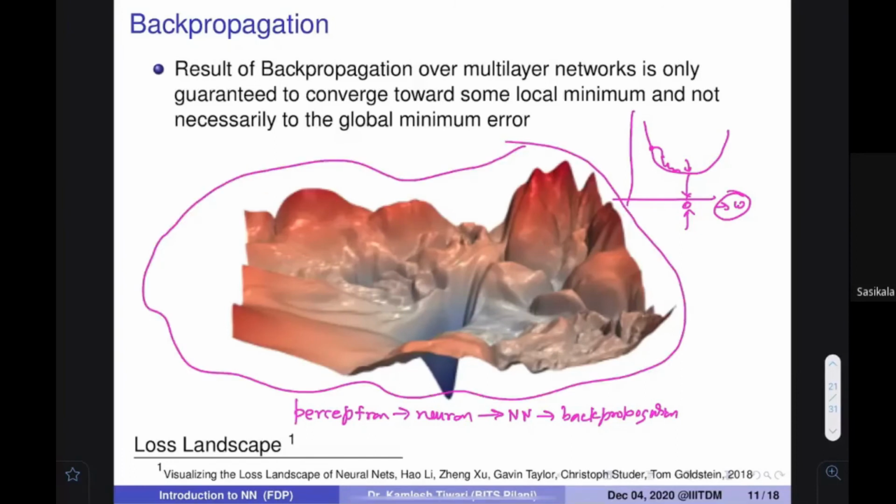This was a paper that came out in 2018, Visualizing the Loss Landscape of Neural Networks. A very interesting paper. If you find the time, you can see it. Just Google it, you would be able to find it. This paper talks about this particular diagram, a very interesting diagram that I wanted to show you.